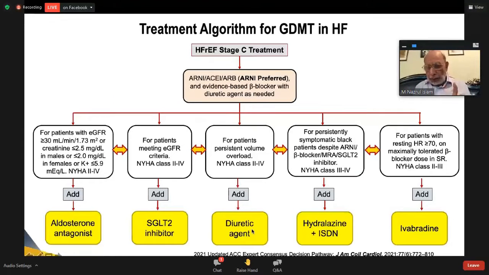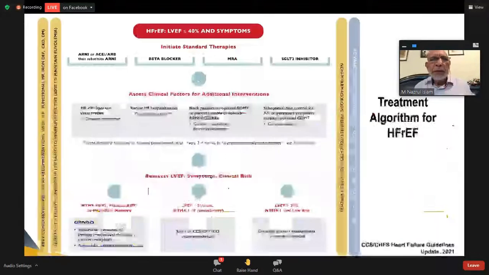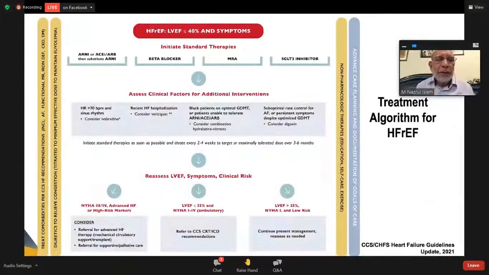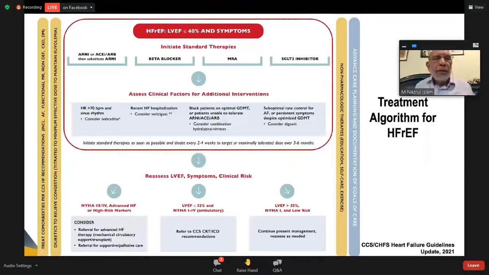Within 2021, very quickly there have been three important guideline changes and expert positions. So this is the first one. The second one, here you can see everybody should start in conjunction with ARNI, beta blocker, MRA, and SGLT2 inhibitor all together, and then subsequently after clinical assessment they can add other drugs.